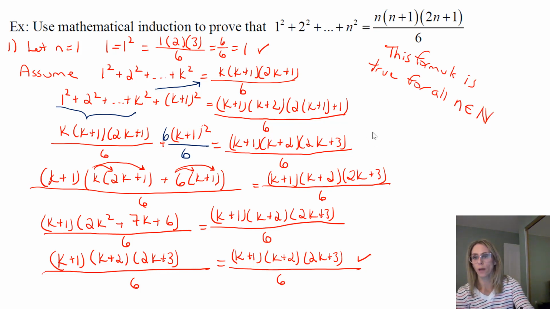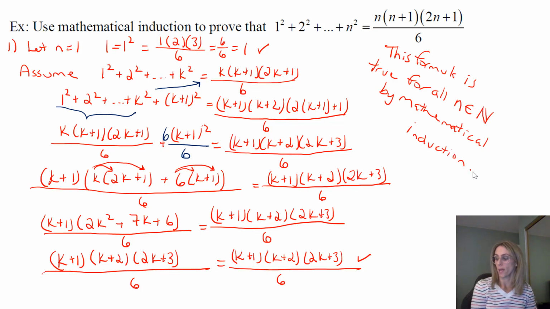That's the notation for that. And then by mathematical induction. So you've seen multiple different ways to write it. Any of those ways is fine. But we do say that we have shown it's true by mathematical induction. So don't forget that piece. And that is section 12.5.